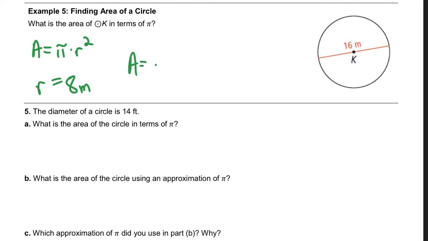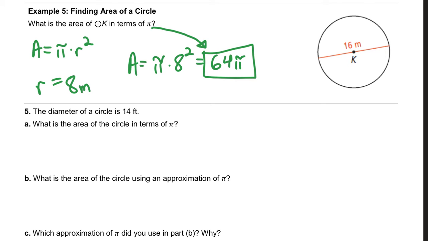So for area of a circle, it's pi times 8 squared, which is 64 times pi. That would just be my answer in terms of pi, 64 pi. If I was asking for it to the nearest tenth, you would multiply 64 by pi in your calculator and round to the nearest tenth.